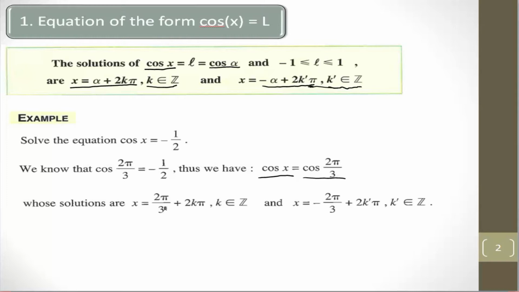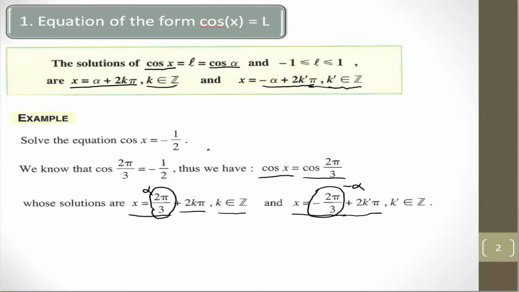The first one is x equals 2 pi over 3 plus 2k pi, with k belonging to Z, or x equals minus 2 pi over 3 plus 2k prime pi. Here 2 pi over 3 is the alpha that we want, and here we have minus alpha. This is the first way.